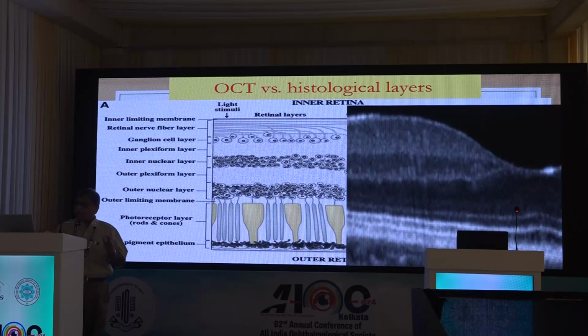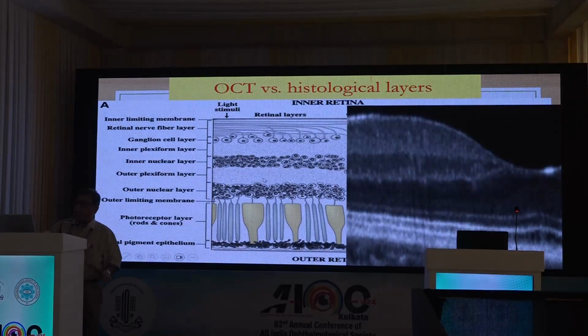And in fact, for those who don't believe this, look at this. This is the histopath. You have the inner limiting membrane, and then you have the nerve fiber layer, the ganglion cell layer, then the inner plexiform layer, the inner nuclear layer, the outer plexiform layer, the outer nuclear layer, the external limiting membrane, and then the photoreceptors.